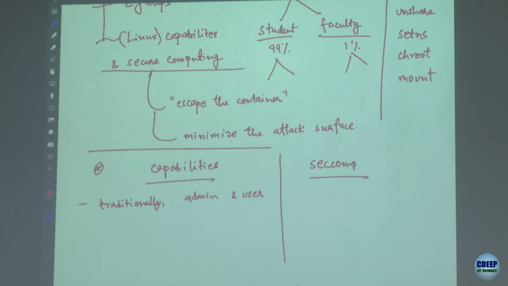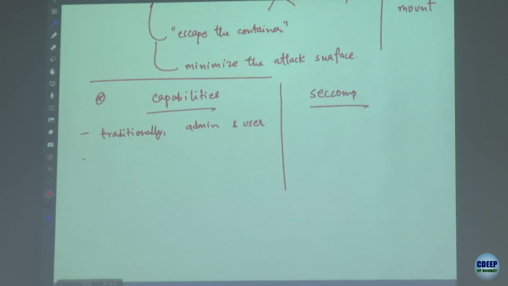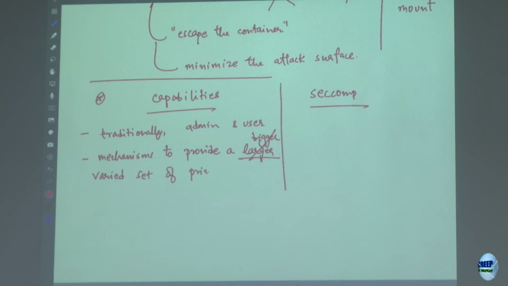So capabilities are mechanisms to provide a larger, or maybe I should call a varied, set of privileges per process.